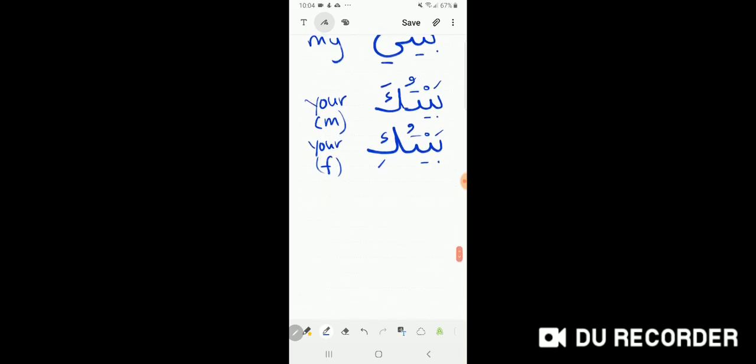Now, this can be a tongue twister, baytuka and baytuki, with all these harakat on all the letters. So what ends up happening in dialect, and now also informal people end up using this even though it's not formal, is instead of pronouncing this dhamma and fatha, we end up taking that fatha that was on the kaf here and just moving it to the ta.